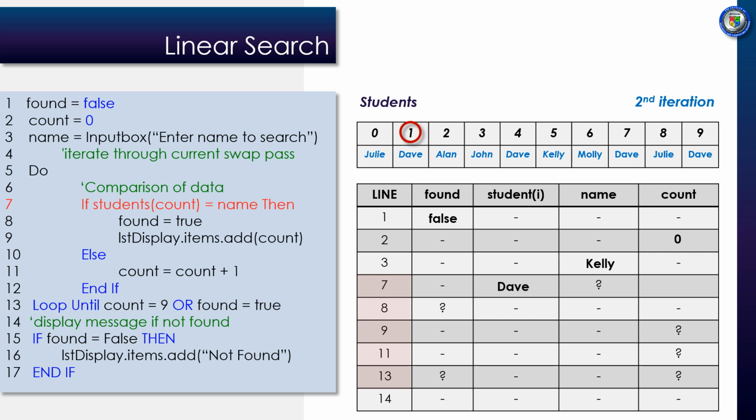So student I is Dave, and we're looking for Kelly. They do not match. Found will remain at false. Count at line 9 is still 1. At line 11 it's incremented to 2.